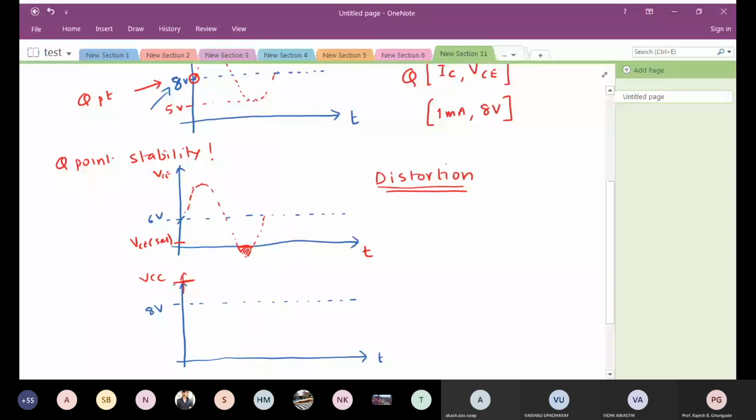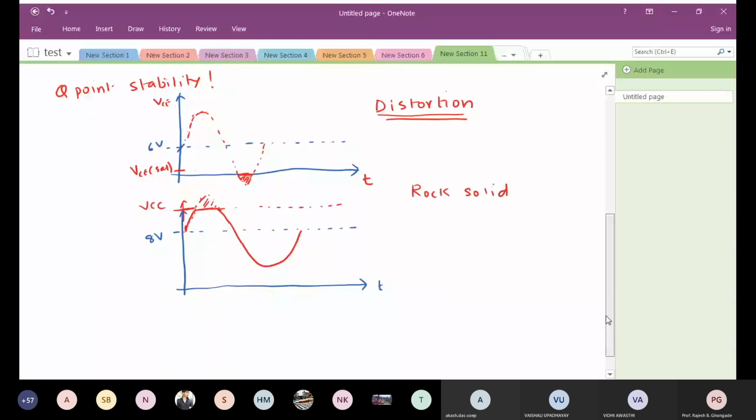So this is the upper limit. My signal goes like this, gets clipped off here, and here there is no problem. So again, I am getting a distortion. But I want that there should be no distortion in my output, and so the Q point has to be rock solid.